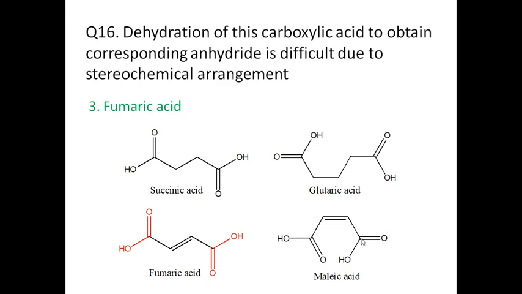But in case of fumaric acid you can see these two carboxylic acids are not cis. Here this is cis configuration, and in fumaric acid this is trans configuration. Because of this restriction in rotation, it will be very difficult for these two carboxylic acids to come in close contact with each other and form anhydride. So fumaric acid is our right answer here.